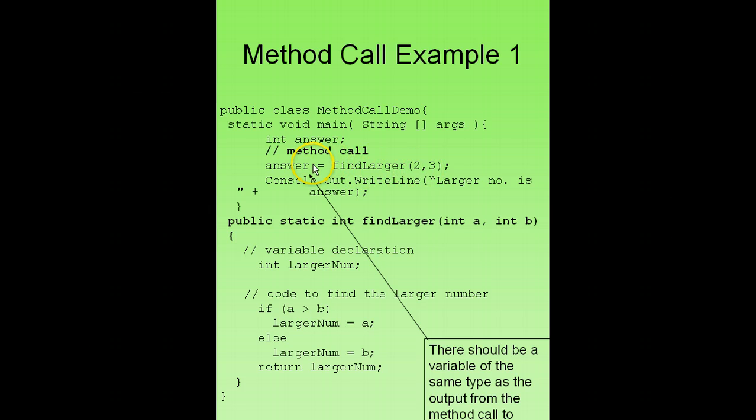So over here we declare a variable answer, and answer equals findLarger(2, 3). What we are doing here is actually calling the method. From this line, it will come to the method itself and then execute findLarger. So A and B will actually be 2 and 3.